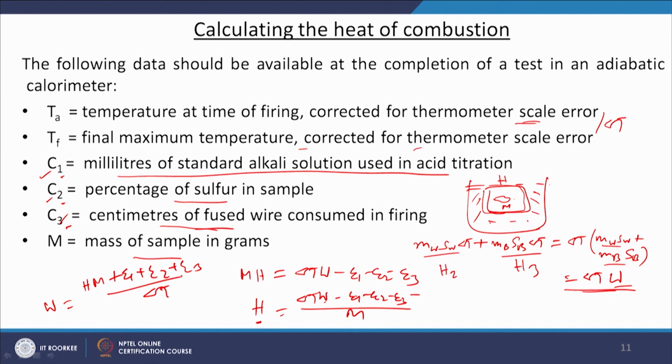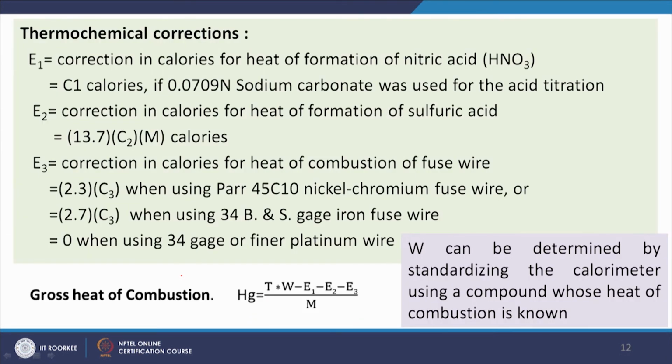That way you can calculate the value of W, and this is done prior to the application of the bomb calorimeter, by performing the same experiment using a known compound whose heating value is known to us, say benzene. So, how will we calculate the gross heating value? With the formula we just discussed, and we have to know how to calculate E1, E2, E3.